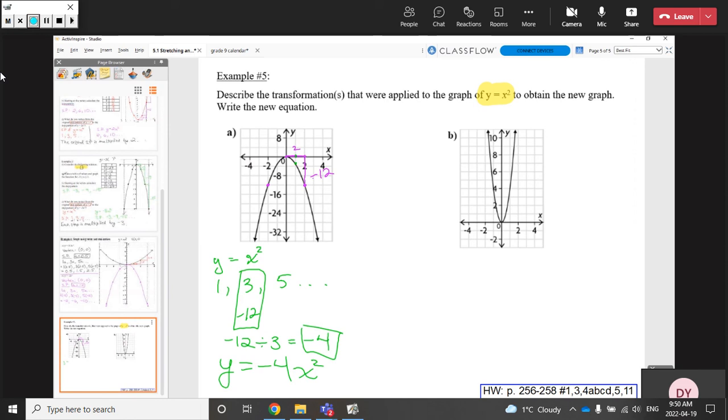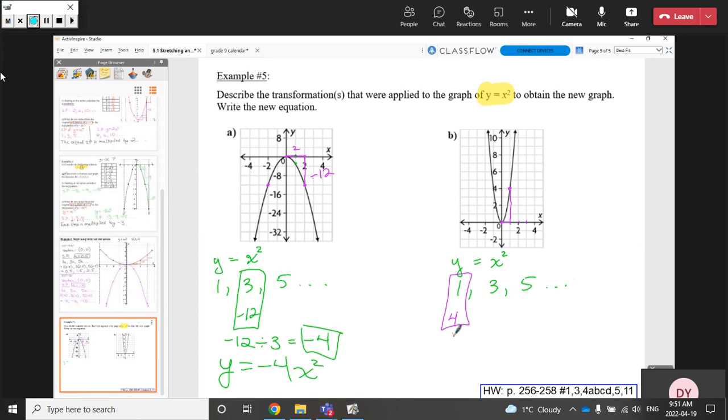Now, how about this one? We're counting by ones, twos, threes. It's really nice, we're starting at the vertex. We go over 1, and then it looks like we go up 1, 2, 3, 4. Our original step pattern of y equals x squared is 1, 3, 5, dot, dot, dot, but ours, that first step, ended up being a positive 4.